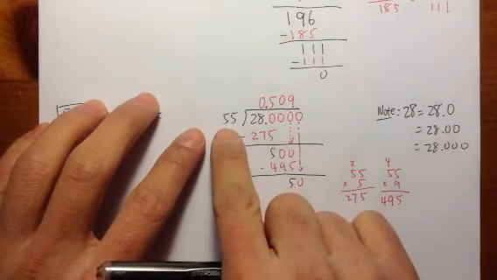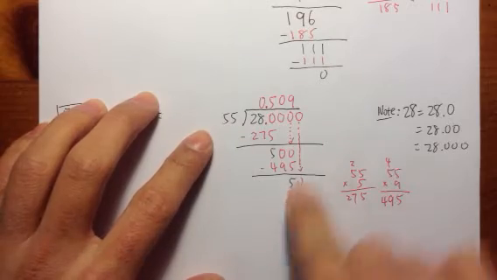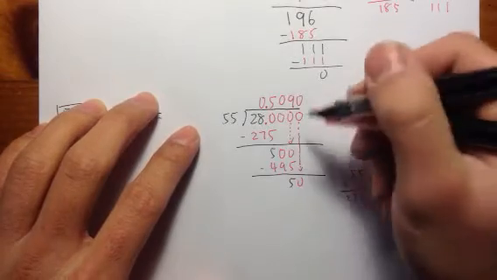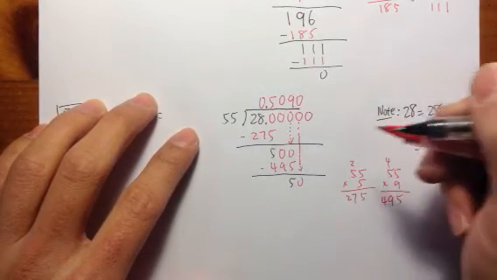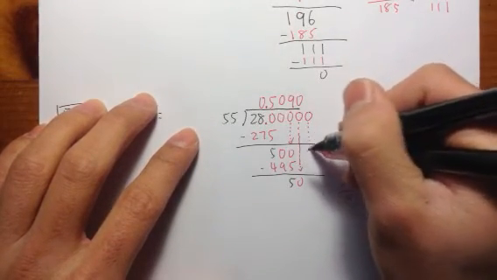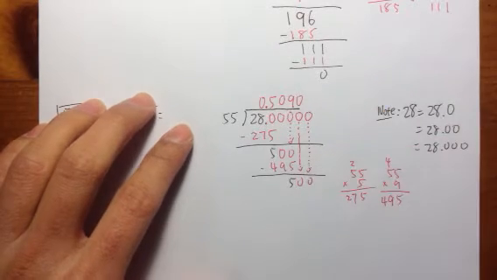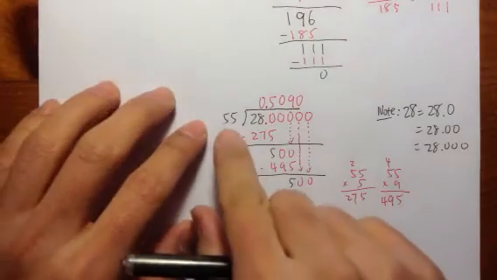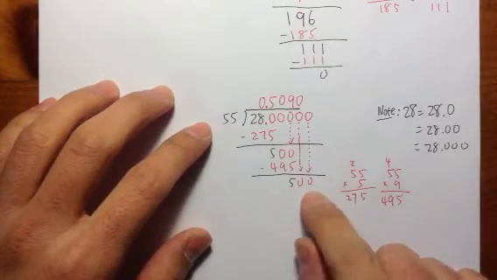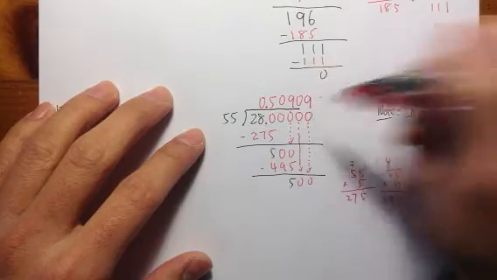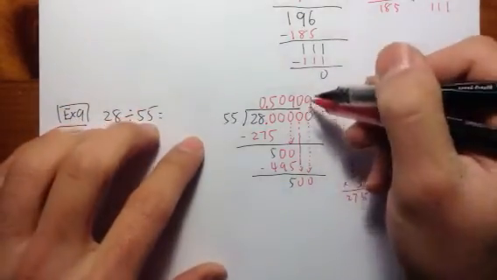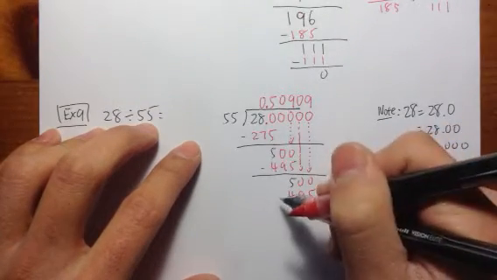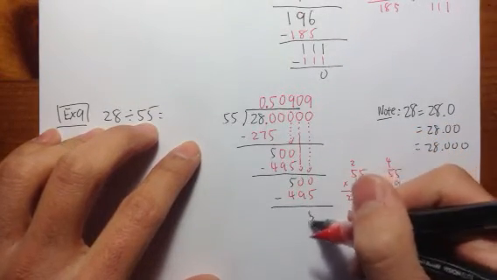But this is not enough, because 55 goes into 50 0 times. In order for us to keep going, I need to add another 0 here, and I can bring down this 0 all the way down here. But we are going to have the same situation. 55 goes into 500 9 times. We already did that. 9 times 55 is 495. When you subtract, you get 5.